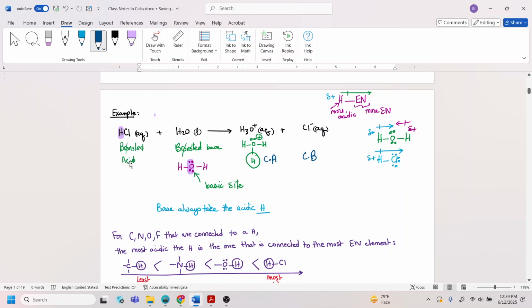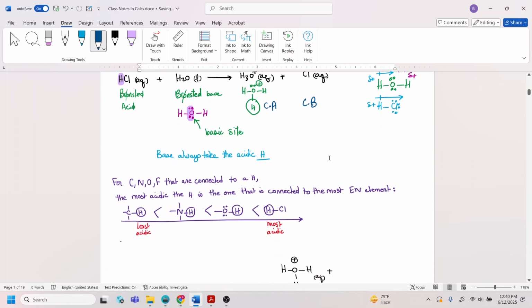Bronsted acids lose a hydrogen and they become conjugate bases. So you go from the acid to the base. And the Bronsted bases take a hydrogen from the acid and they become conjugate acids. So your product here is going to be a conjugate acid and a conjugate base.